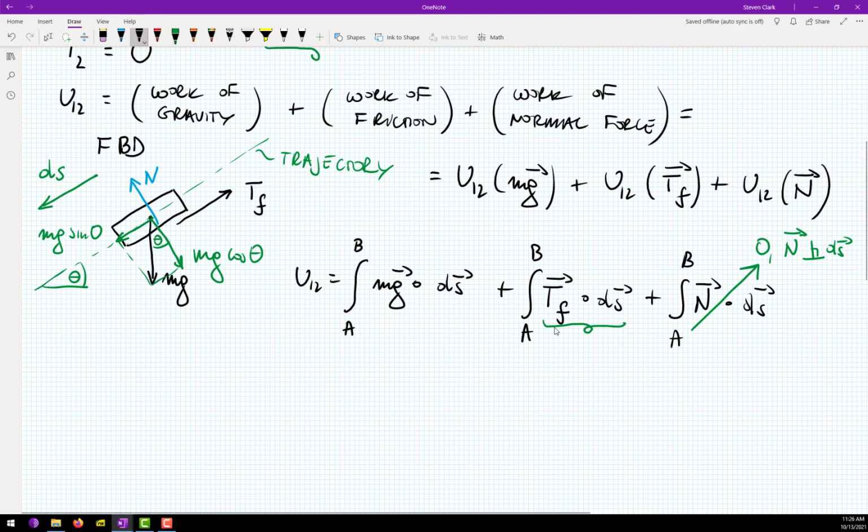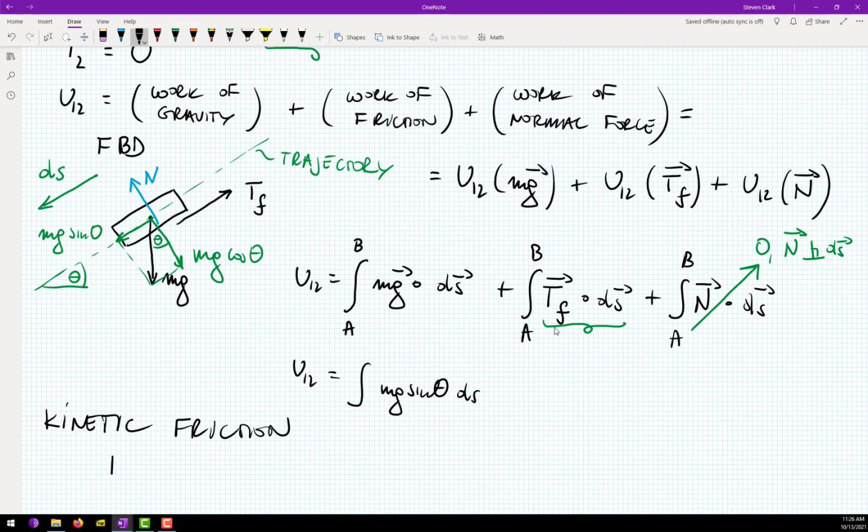Yes, exactly. So we will have U12 equal to the integral of mg sine theta ds. And I believe that we also have kinetic friction. So our TF is equal to mu k n, and this is equal to mu k mg cosine theta.